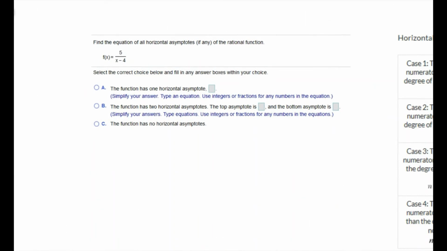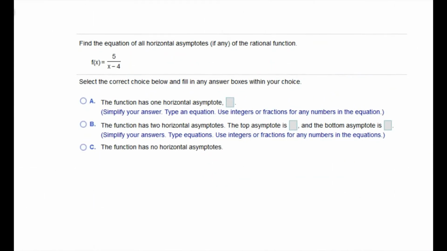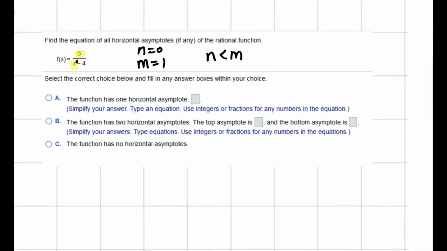So let me zoom in a little bit here. In our denominator, we have this variable x, and the power on that x is going to be a 1 since nothing is listed. So our degree of the denominator, which we call m, is 1. In the numerator, there's no variable, and since there's no variable, the degree of the numerator is 0. So if we compare our degree of the numerator and degree of the denominator, our numerator is less than the denominator.